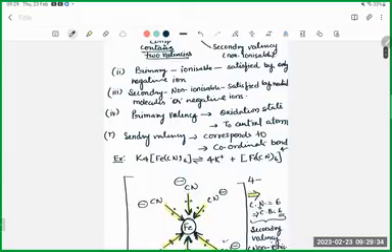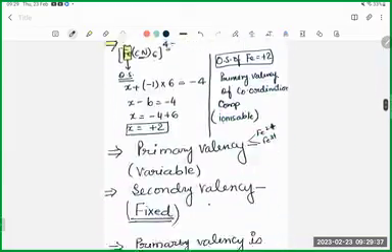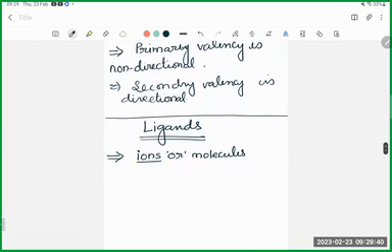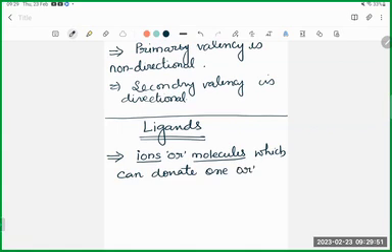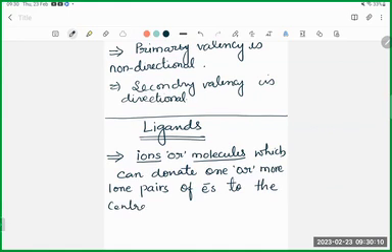What do they do? They donate a pair of electrons to the central metal atom. So we write: ligands are ions or molecules which can donate one or more lone pairs of electrons to the central metal ion.